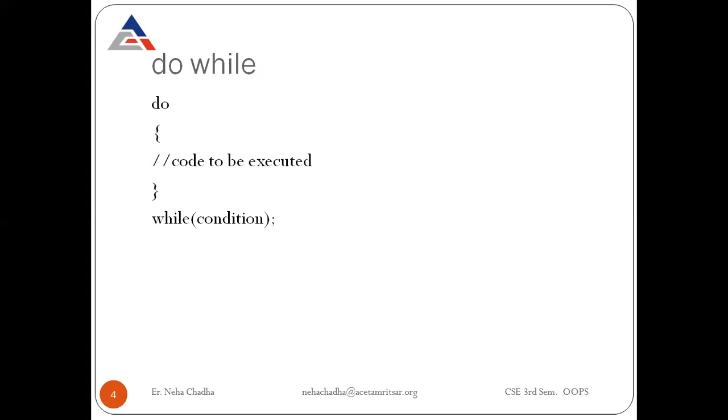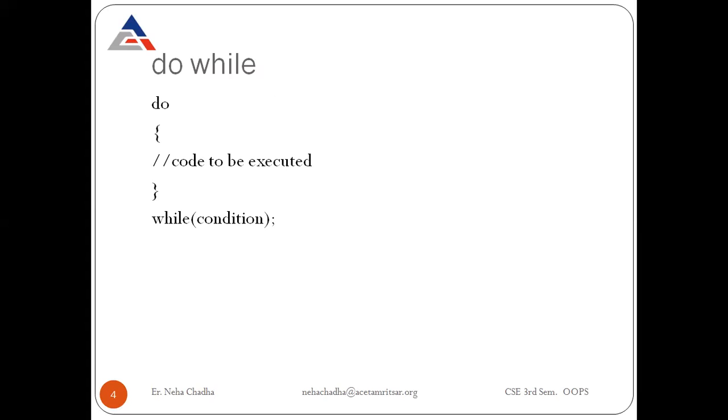Generally, the question is asked, what is the difference between while and do while? Let's check. In the while, first the condition is checked, then the code is executed. If the condition is true, then only your code will get executed. But in the do while, it's do, the code to be executed, then while.